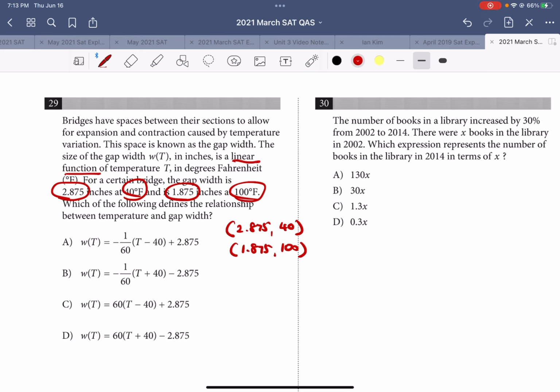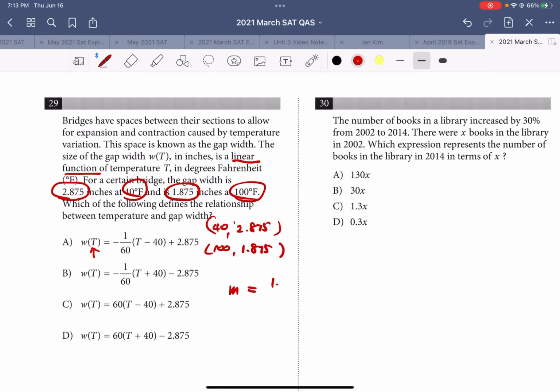So then your slope, you can say, so 1 point, let's see, hold on. So temperature should be the x value, I just realized. So it should be the other way. Temperature is the x value, because if you see here, temperature is the x value. So 40 comma this, and 100 comma this, okay?